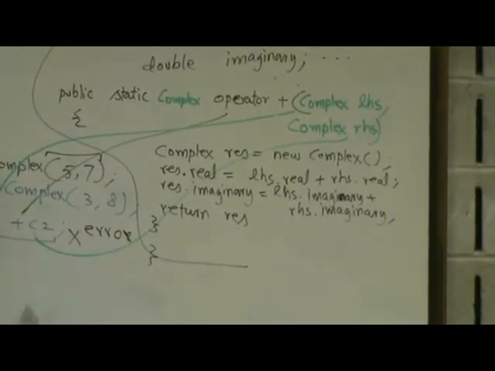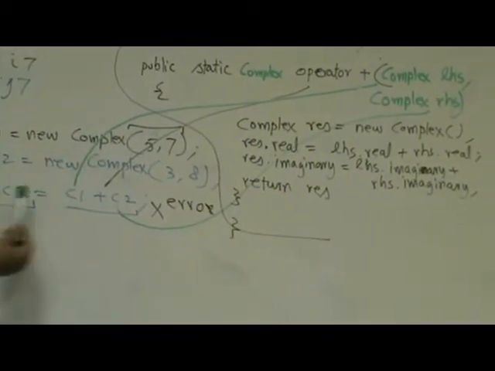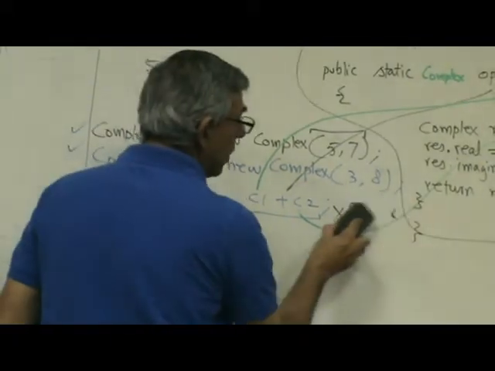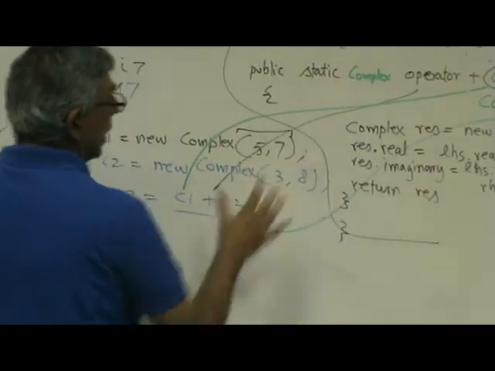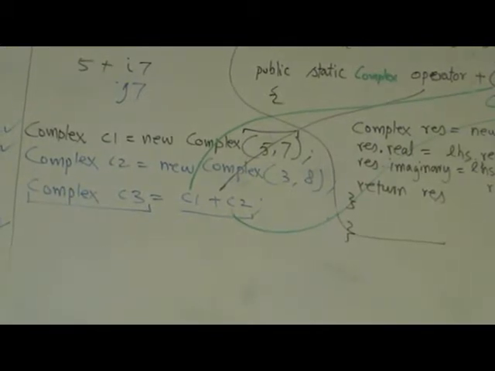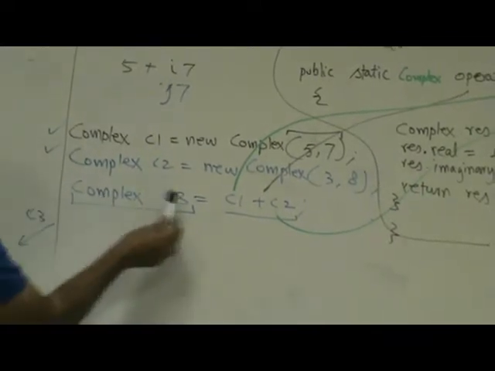So result will come back with the addition of the two real parts and the imaginary parts, and we'll store it in C3, right? So now there will not be any error over here, okay? So this is how easy the overloading is.